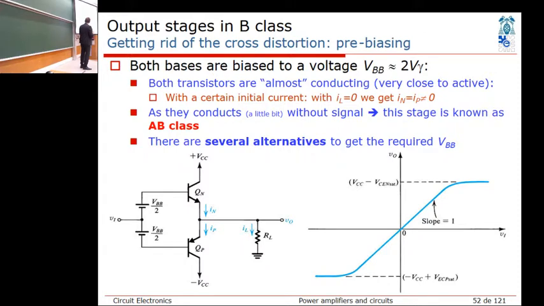Okay, but basically, if you make this biasing, you start a little bit of conducting of the current all the time, meaning, well, that's called an AB class. So these very poor B class amplifiers you shouldn't use anywhere, so you should just have bias to make it an AB class amplifier.